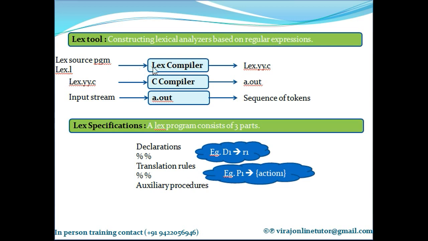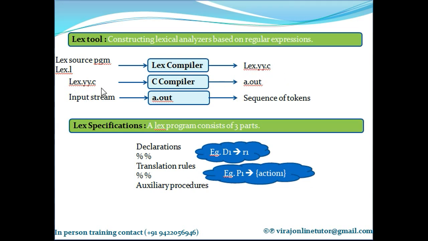So let's see how to write a program in the lex language so that you can generate lexical analyzers. In this diagram, you write a lex source program, named lex.l. This is given as input to the lex compiler, which will generate lex.yy.c. Your input program lex.l is full of regular expressions and patterns, and the lex compiler generates a C program called lex.yy.c.